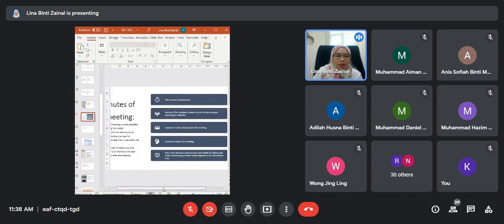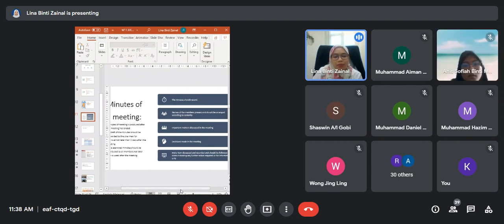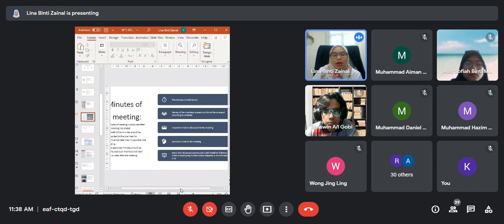Okay. As for the minutes of meeting, your minutes should record the names of the members who were present at the meeting, yang hadir, and it should be arranged according to seniority. Seniority doesn't mean umur dia.